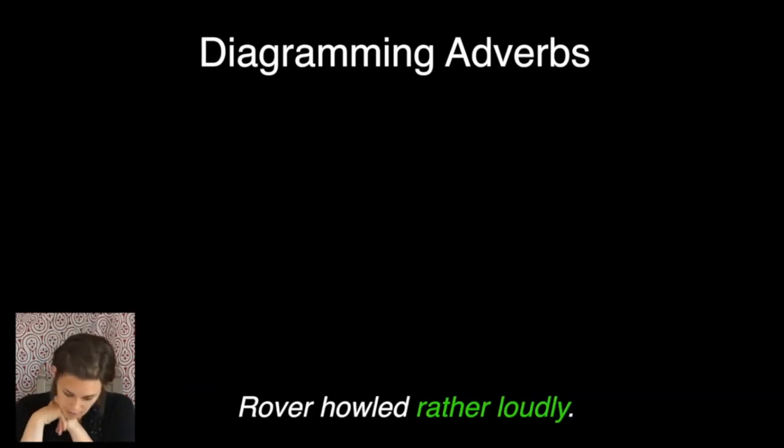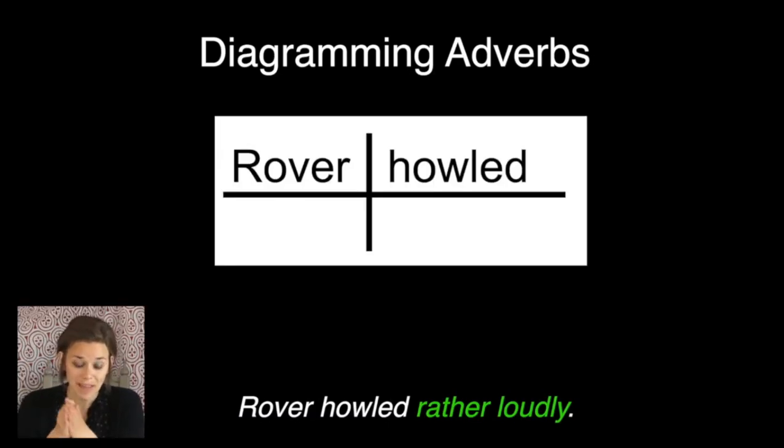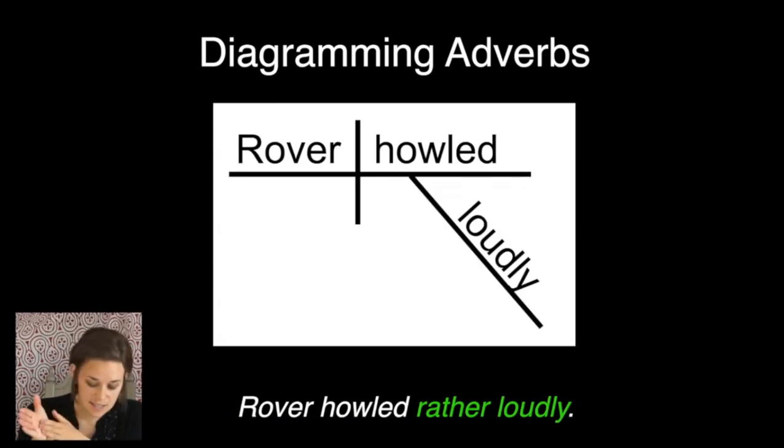Let's start with, Rover howled rather loudly. Remember, we always start by finding the subject and the verb. The subject is Rover and the verb is howled. Now we're left with rather and loudly. Let's start with loudly. Loudly is telling us how he howled. How did Rover howl? Loudly.